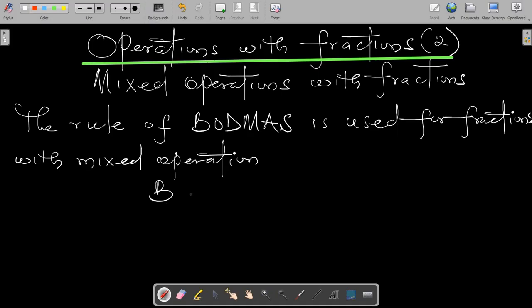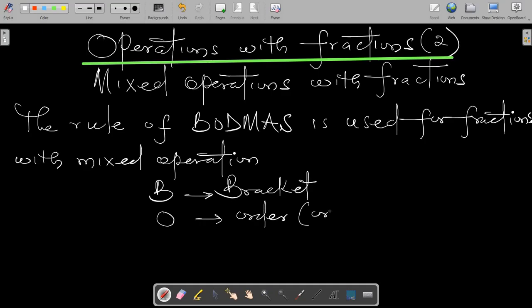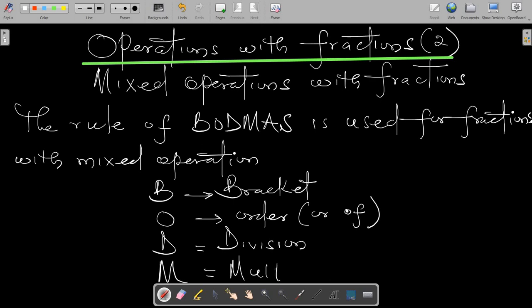The B there represents brackets. The O there represents order, or we can say of. The D there represents division. The M there represents multiplication.